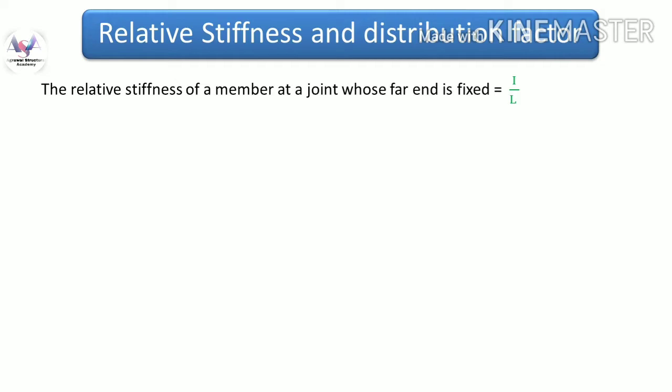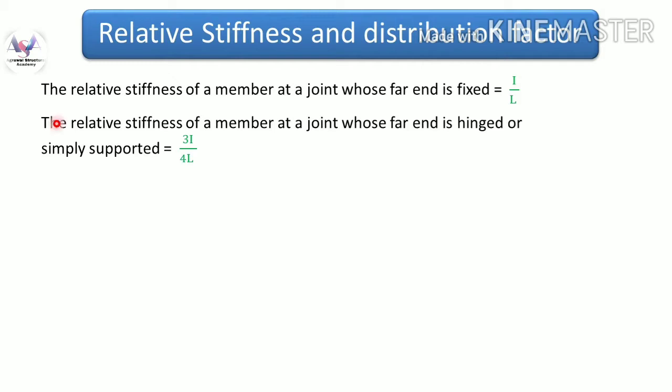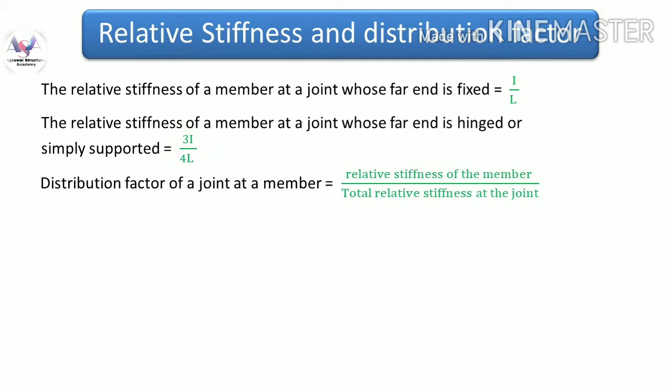The relative stiffness of a member at a joint whose far end is fixed is equal to I by L. The relative stiffness of a member at a joint whose far end is hinged or simply supported is equal to 3I by 4L. The distribution factor of a member at a joint is equal to the relative stiffness of the member to the total relative stiffness at the joint.